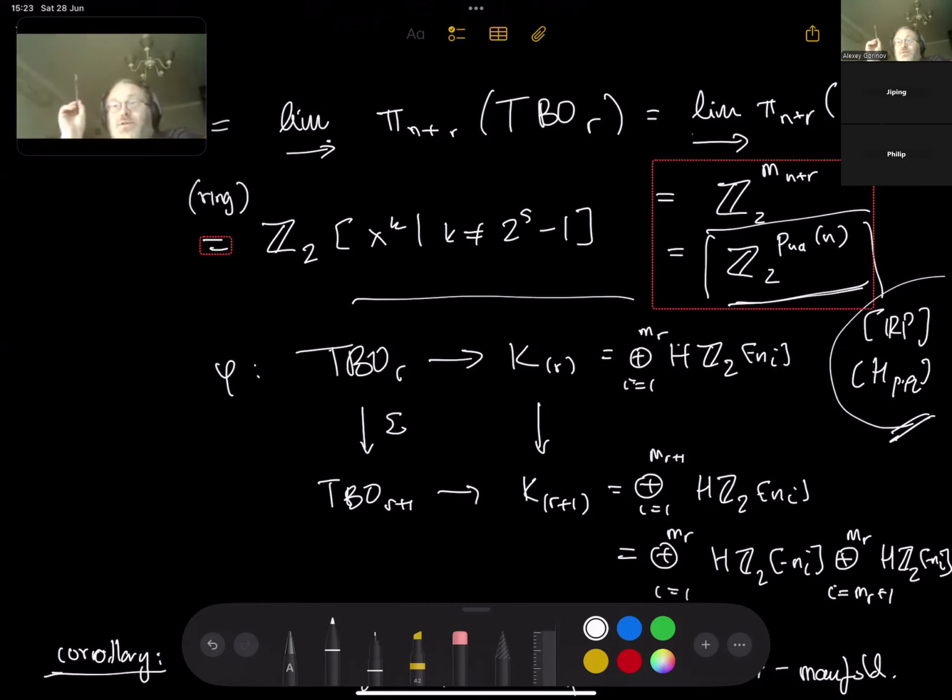Well, this is a direct check. The only thing that's not clear at the moment is that these generators generate everything.